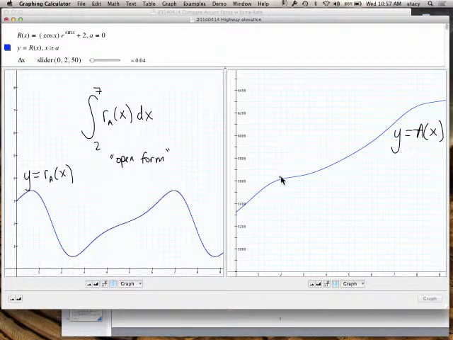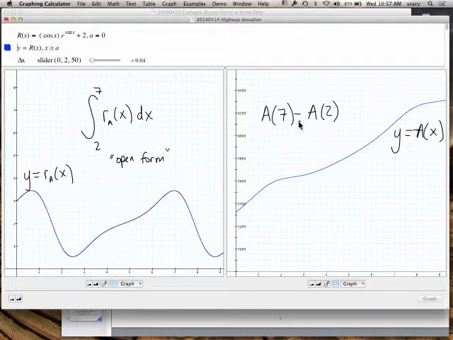Now on the right, how do I represent the change in elevation? That part doesn't change, except now we have the exact accumulation function to work with.